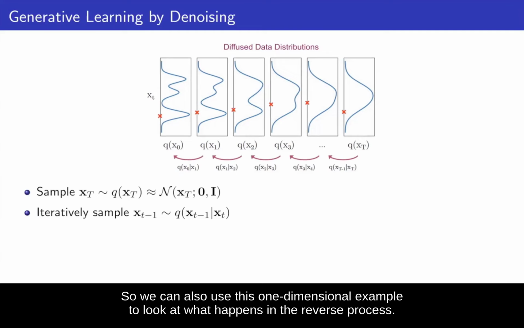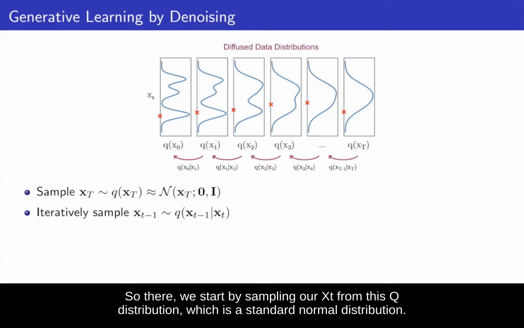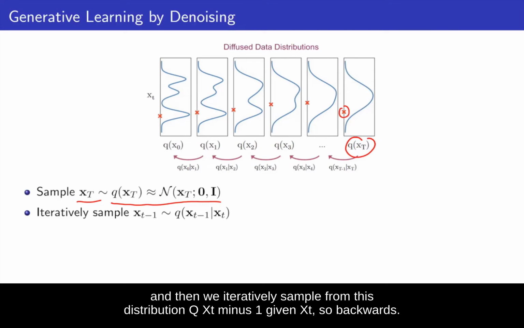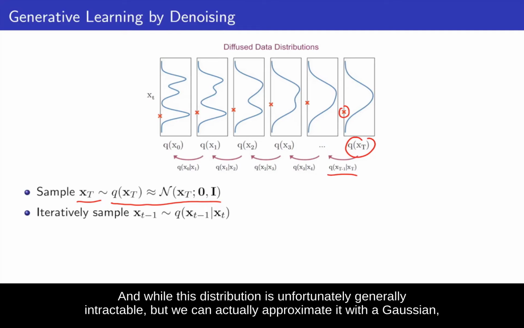So we can also use this one-dimensional example to look at what happens in the reverse process. There we start by sampling our xt from this Q distribution, which is a standard normal distribution. We sample this point, and then we iteratively sample from this distribution Q xt minus 1 given xt, so backwards.